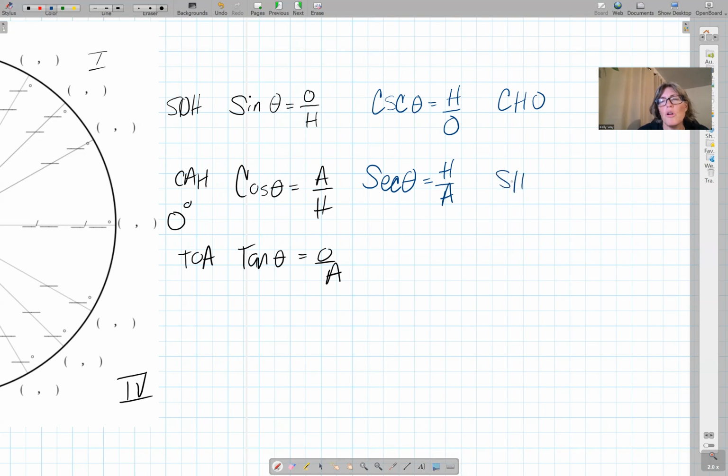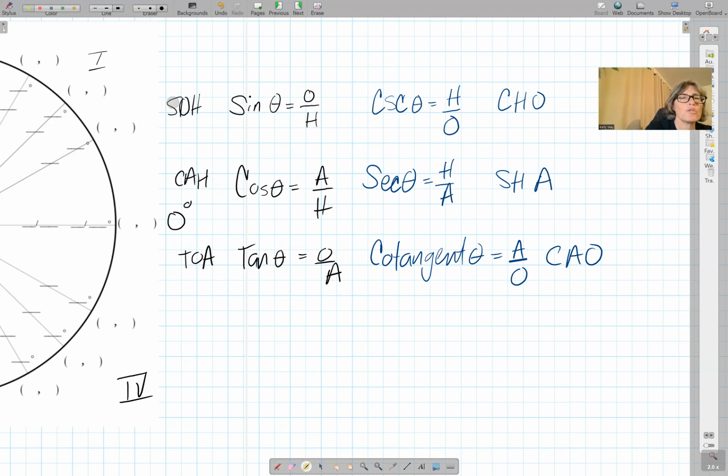So CHO SHA, and then the inverse of tangent is cotangent theta, and that's adjacent over opposite, and that's COW. At least that's how I remember it.